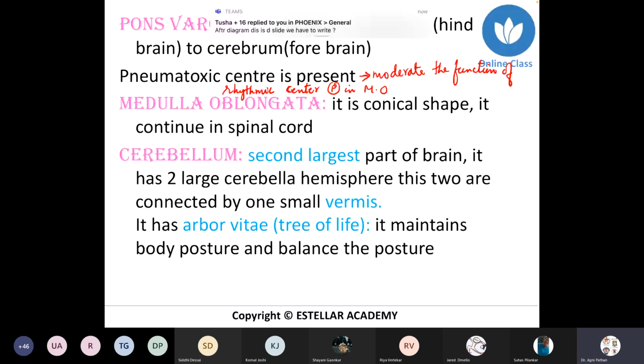Yes, after the diagram, Tusha, please write down. Don't write down the full slide. First, write down about the pons varoli. Until pons varoli. If you are done with the pons varoli, do let me know.